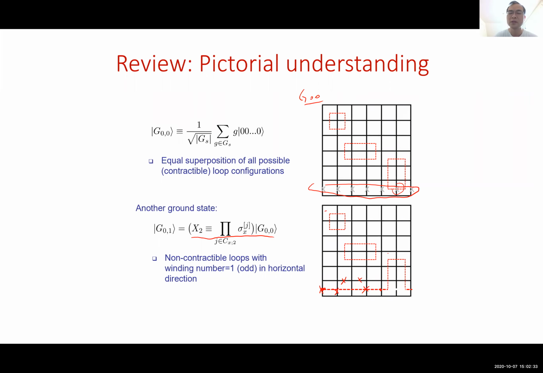What if I apply X like that, as opposed to the horizontal line? You can see that this is nothing but applying a star operator here. So then I remove this X and create X here, X here, and X here, and that can deform the loop.